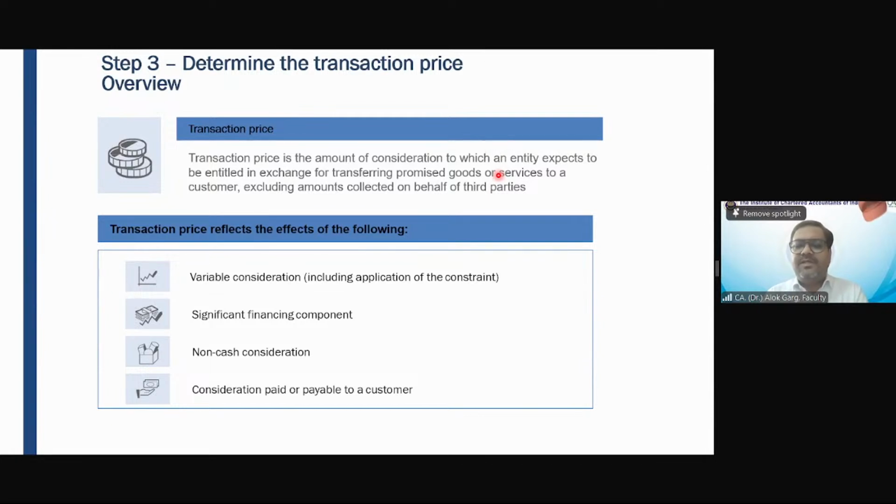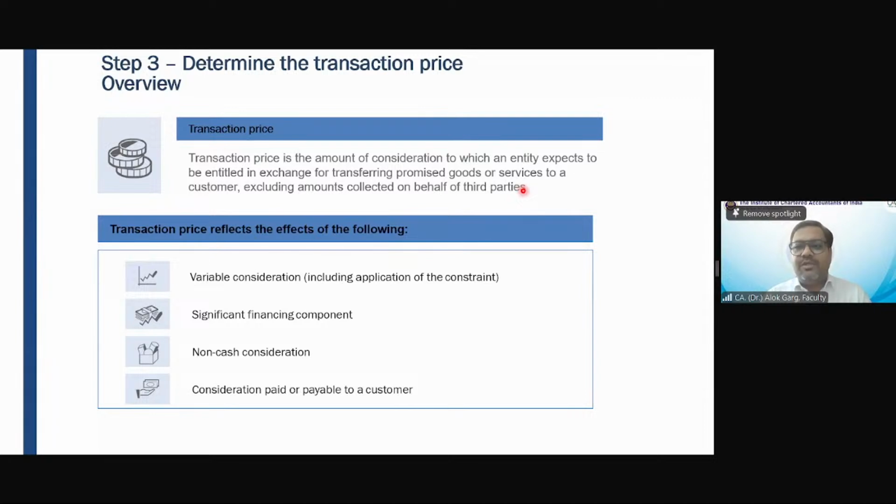And for estimation, there are 2 statistical methods. One is the probability weighted approach, which is the expected value approach. Number 2 is the most likely approach. The probability weighted approach is used when there are multiple outcomes of an event.